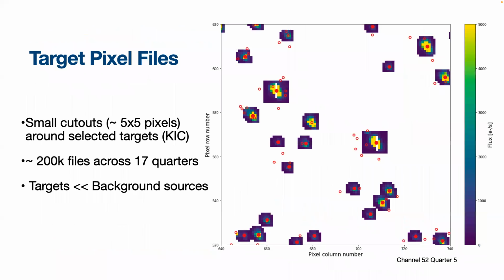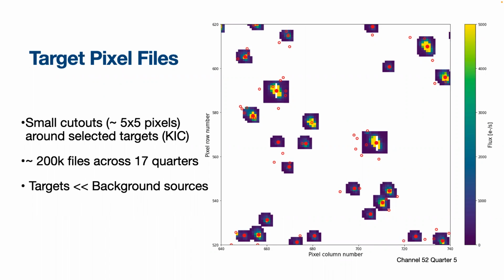So what we want to do, and we did, is extract everything that is in the pixel data. Here I'm showing an example of a collection of TPFs around a typical channel, 52 in this case, during quarter 5. We can see the TPFs come in different shapes.